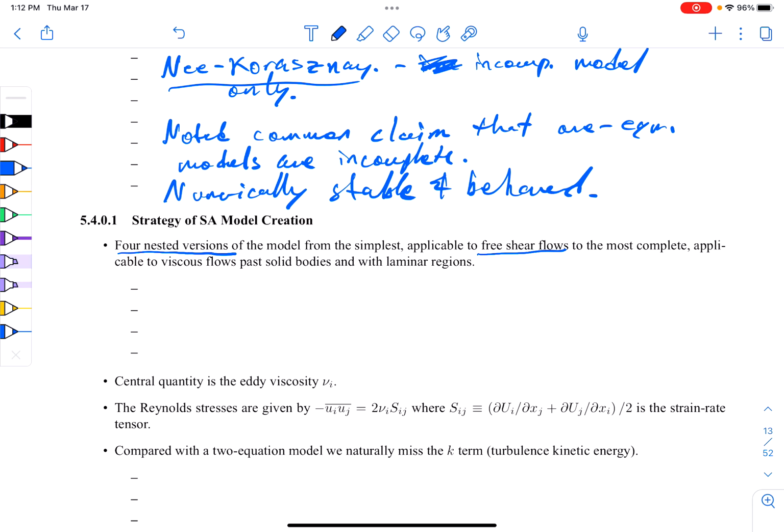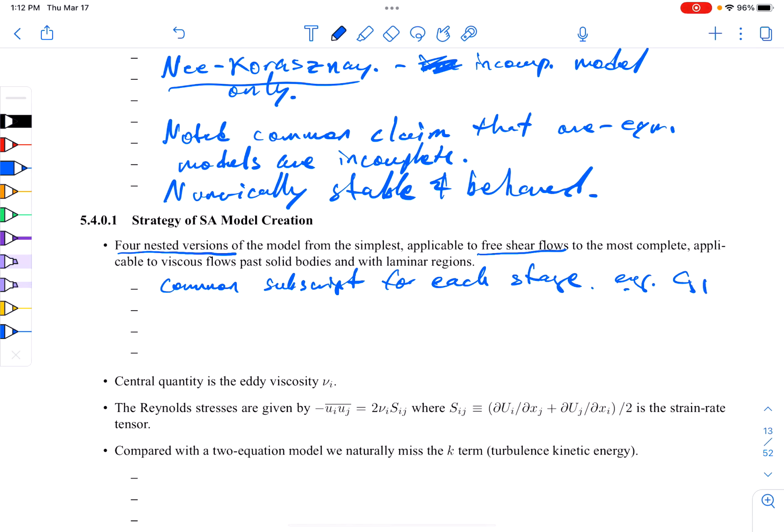And in their nomenclature, which is sometimes repeated here, there's a common subscript for each stage, e.g. CB1. So the 1 is from the first modeling stage, as an example.